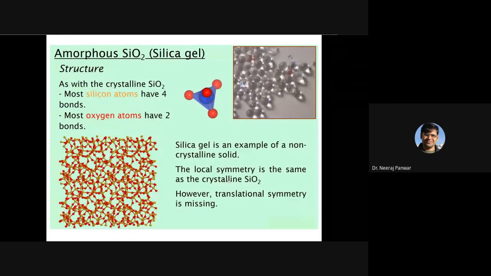But if we look at a large scale, at the macroscopic level, this periodic arrangement is missing in amorphous SiO2, but it is there in crystalline SiO2. Okay, sir.